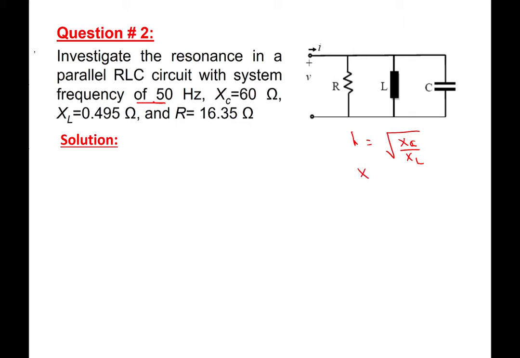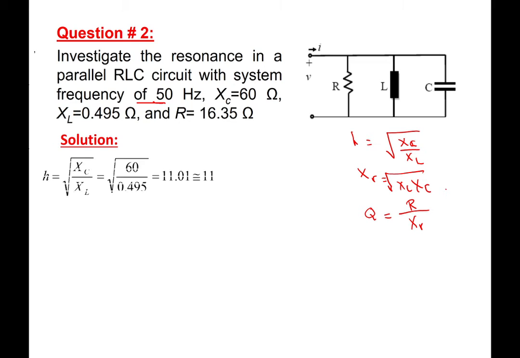We can calculate XR from XL by the square root of XL and XC, and we can calculate the quality factor. In this case, the quality factor will be R over XR.